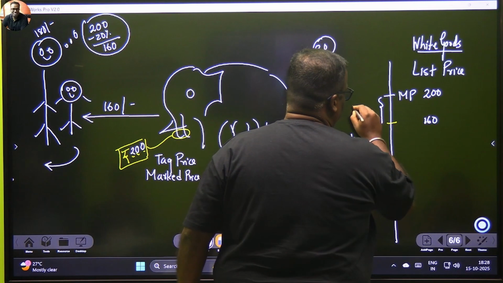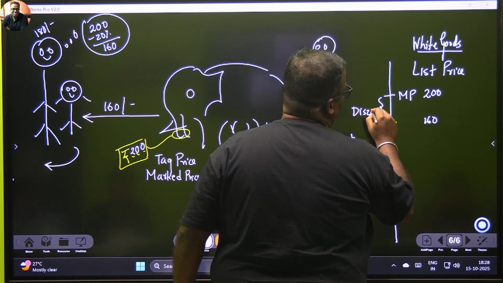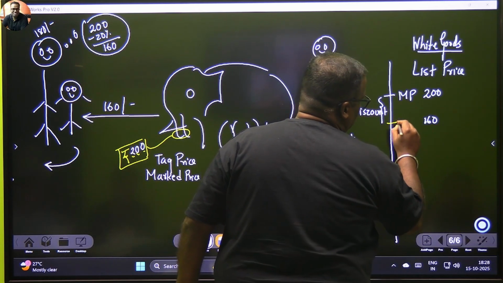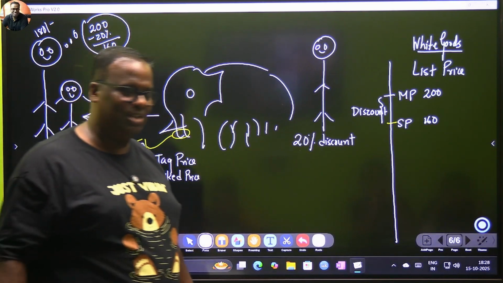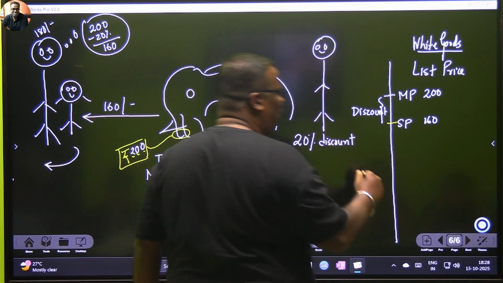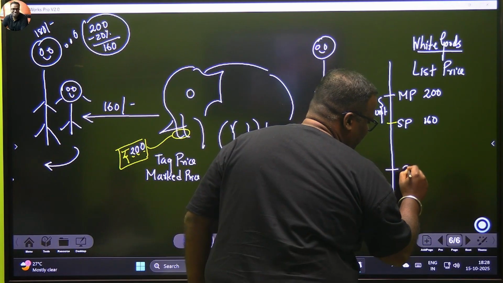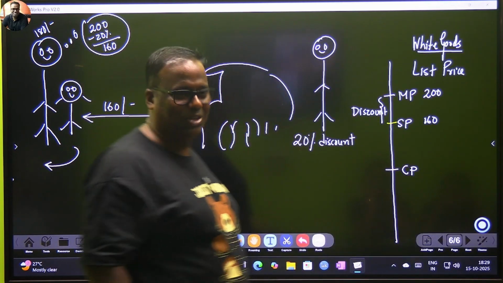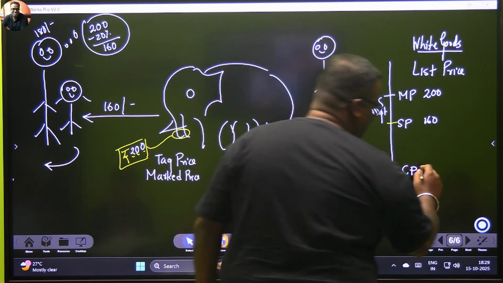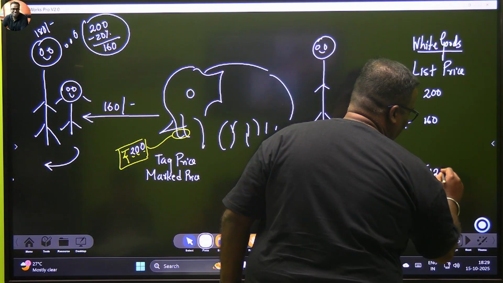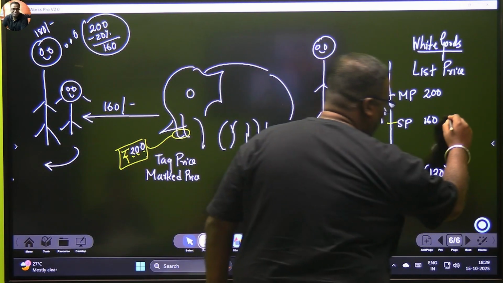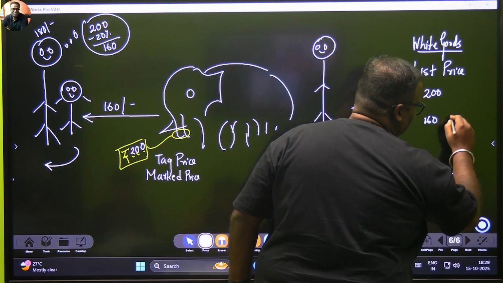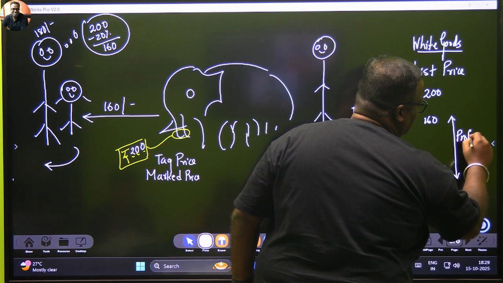Whatever less, this is known as the discount, and this will be known as my selling price. Have you understood? But this poor fellow must have brought this elephant toy somewhere here. Cost price means he must have bought it at something like 120 rupees. So what is the profit? This is the profit.